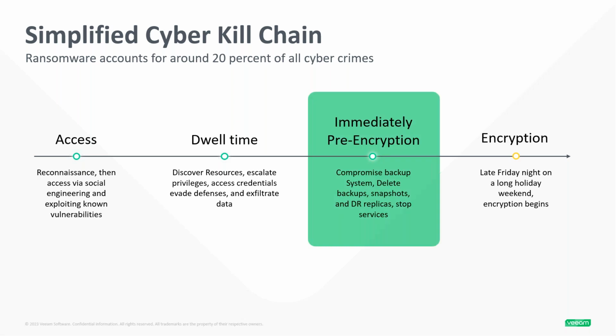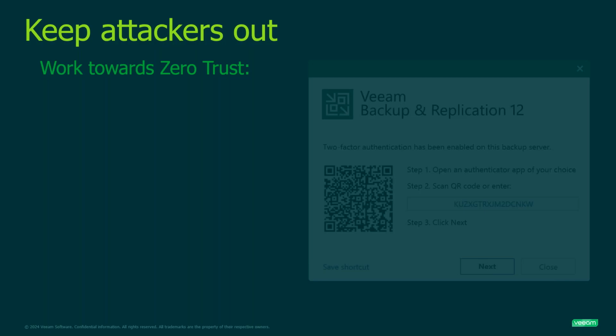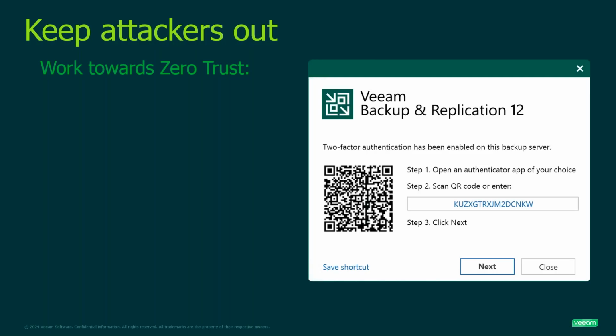So how do you keep attackers out of your environment? One of the very few things that we look at is, of course, we want to keep attackers out. Work towards zero trust. Now, zero trust is a concept, all right? Basically, every aspect of your environment, you do not trust, because you assume that a breach has already happened.